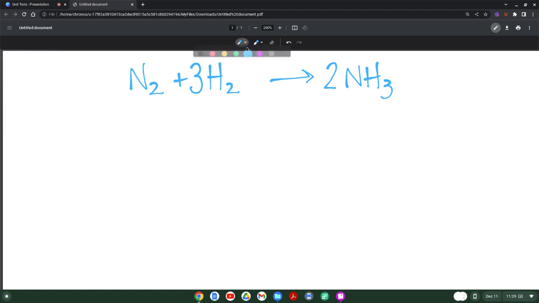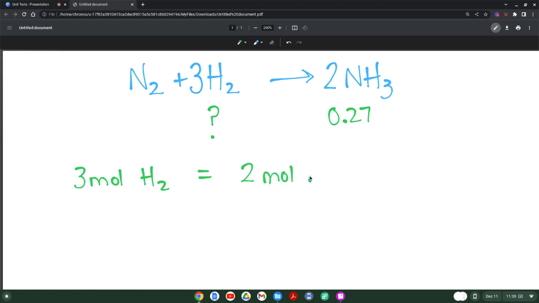The first question was, how many moles of hydrogen are required to form 0.27 moles of the ammonia? So I'm going to take my 3 moles of hydrogen and say that that is equivalent to forming 2 moles of the ammonia. But the question is, how many moles of the hydrogen do I need if I'm only going to form 0.27 moles of the ammonia?